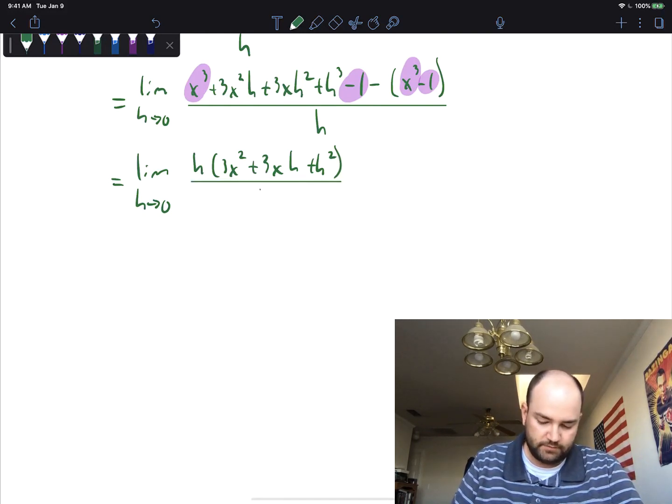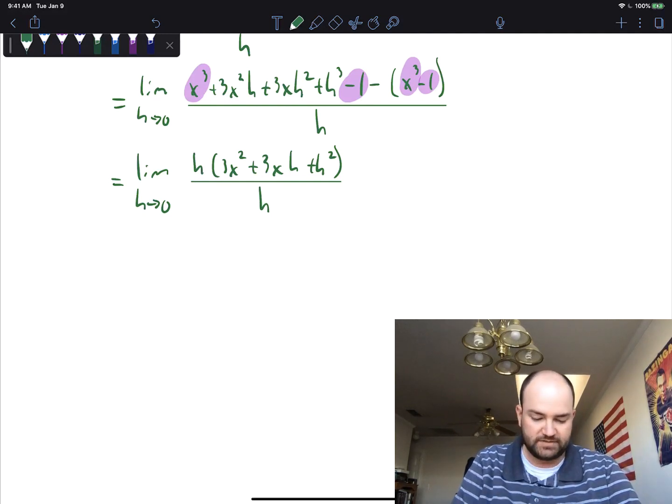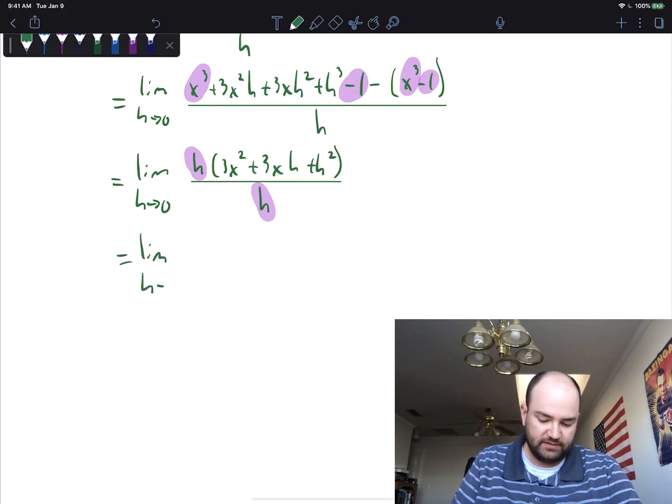And then all over h. Awesome. Now again, notice that the two h's will cancel each other, and we're just left with the limit as h goes to 0 of 3x squared plus 3xh plus h squared.